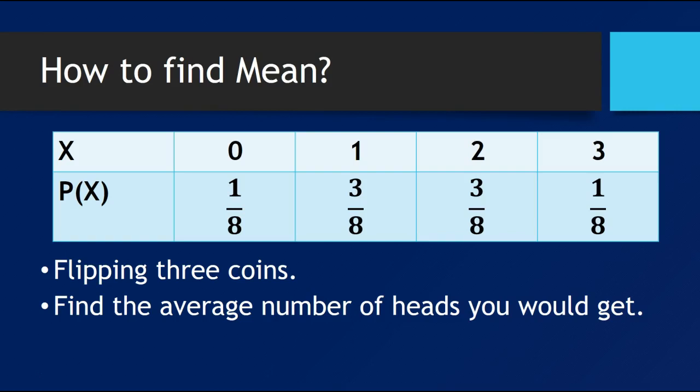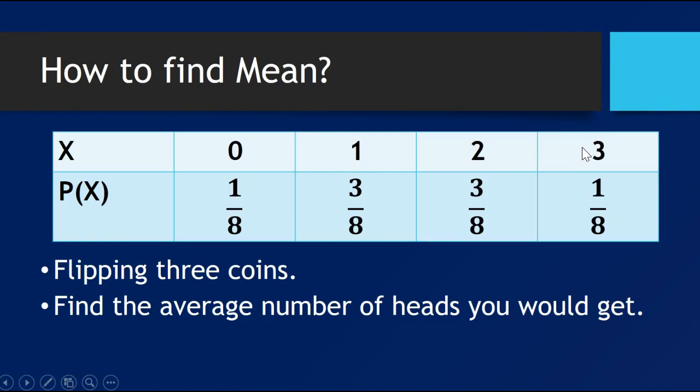How do we interpret that 1.5? That doesn't mean an individual is going to land on 1.5. What that means is if you had 50 people and I gave each of them 3 coins to flip, some people would have probably gotten 0 heads, some people would have gotten 1 head, some people 2, some people 3.